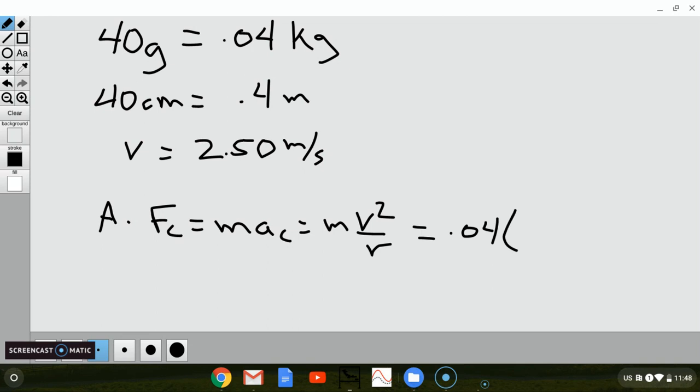0.04 times 2.50 squared over 0.4. Now, let me run this through the calculator real quick.